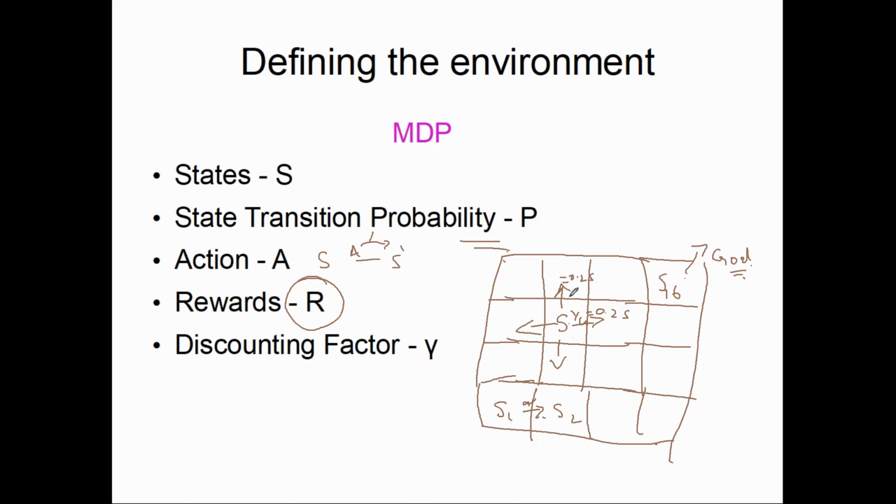Moving from one state to the other has a probability that is called the state transition probability. Moving upwards, downwards, left or right depends on a certain transition probability. Next, actions, rewards, and the discounting factor.